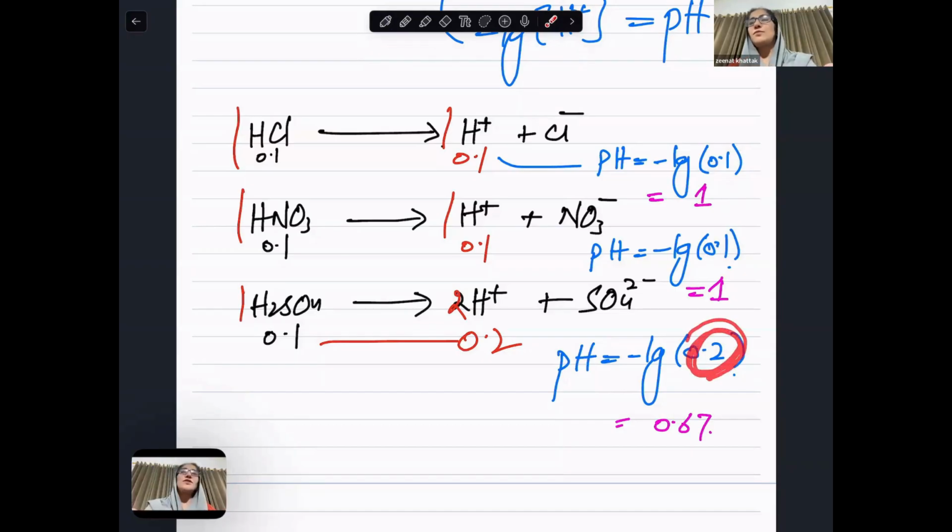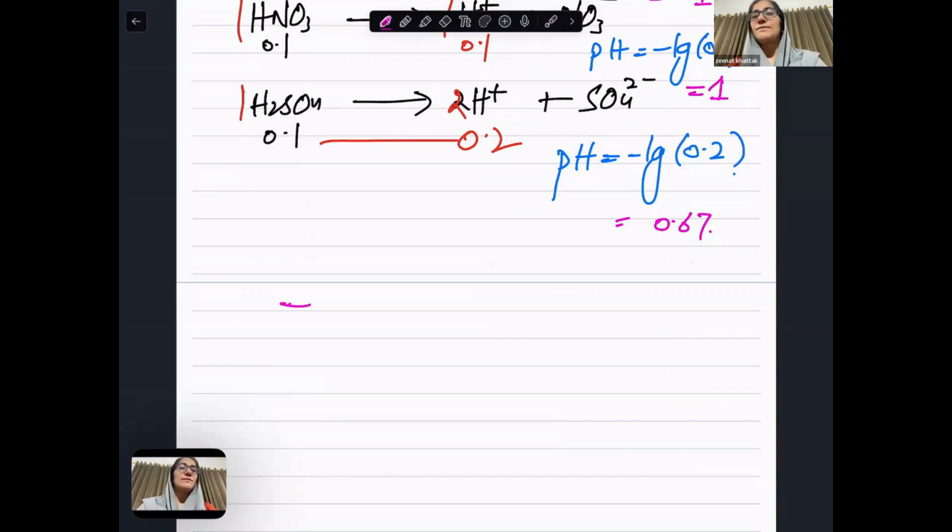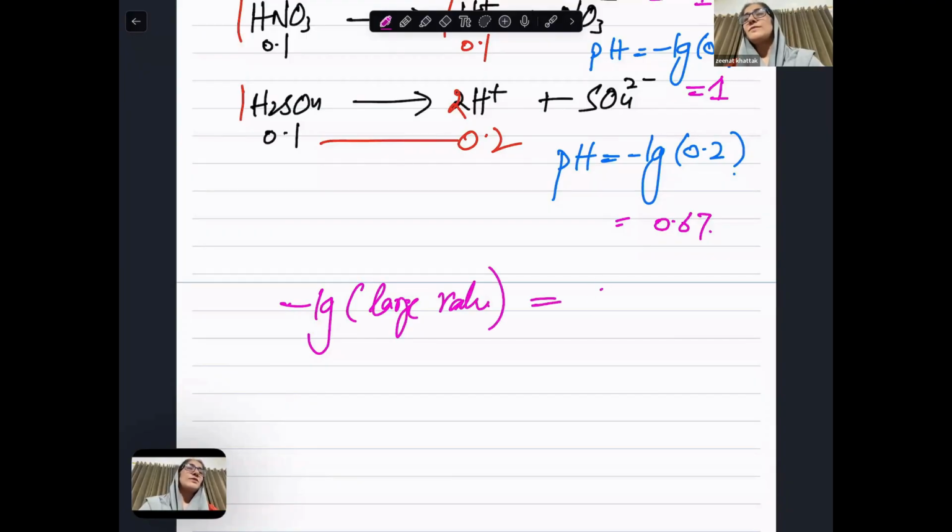If you take the negative log of a large value, it becomes small. More H plus, lower pH. It's mathematics, not chemistry. Chemistry is more H plus, more acidity. The pH is lower because we take the negative log.